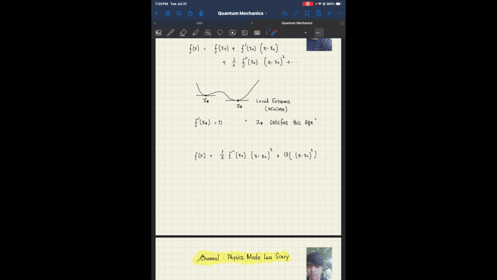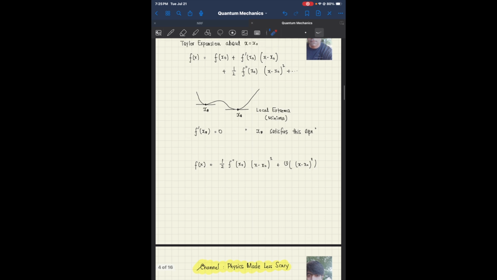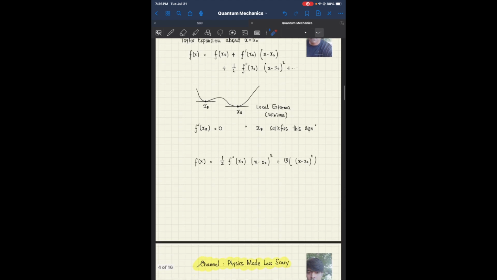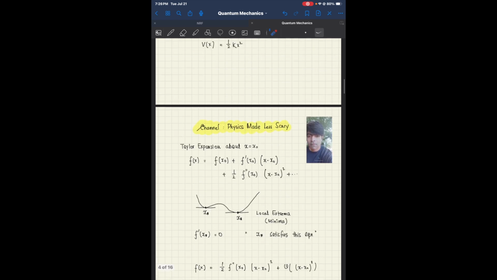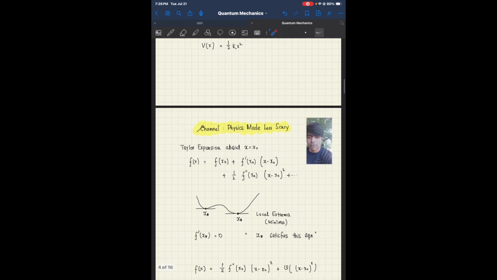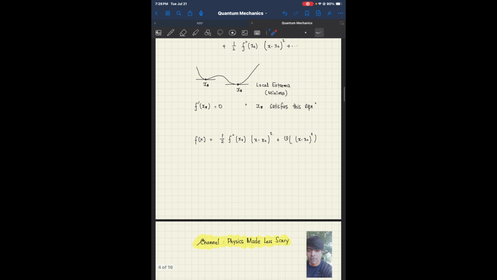But let's look at this equation. You see, this is exactly of this form, right? The potential's first term is quadratic, and it is quadratic here. So this simple harmonic oscillator problem that you are going to learn about right now is the first correction that you will always get.